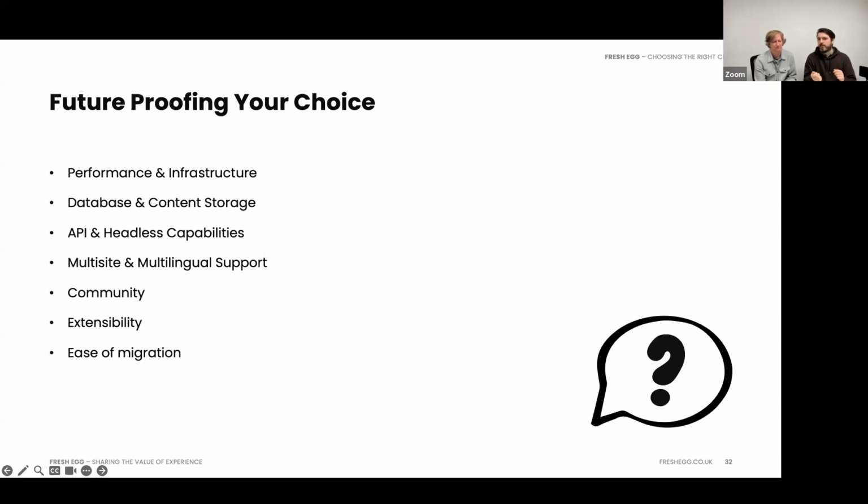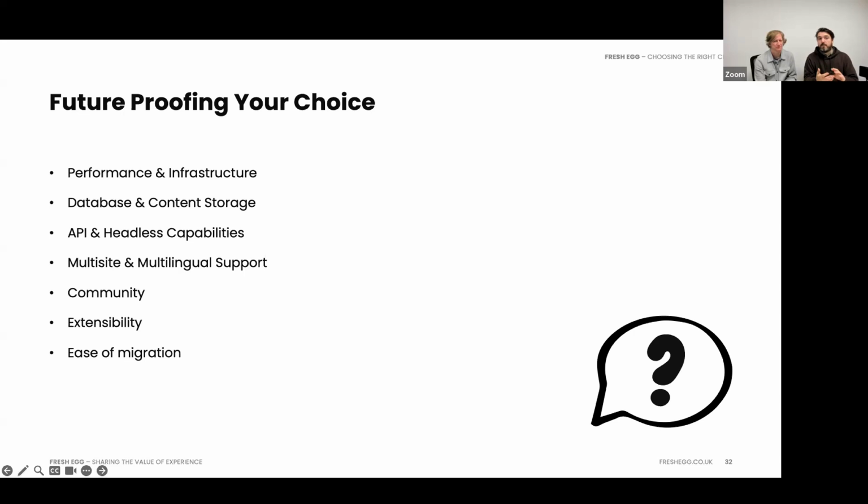You've got different methods for getting things. We've got something called REST APIs, which is a classic way of getting data. You've got some new kid on the block like GraphQL, which is a slightly different way of getting data, which is actually a lot more efficient. So you might want to be looking at some of those key terms and discussing those with your partner or agency, or when you're just looking at websites.